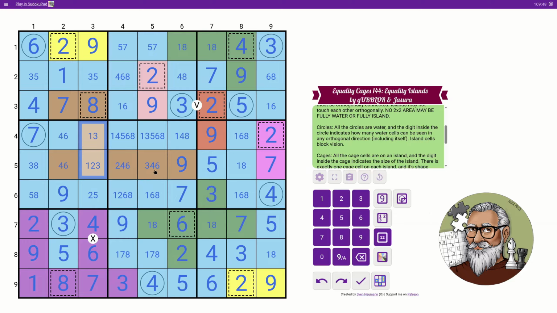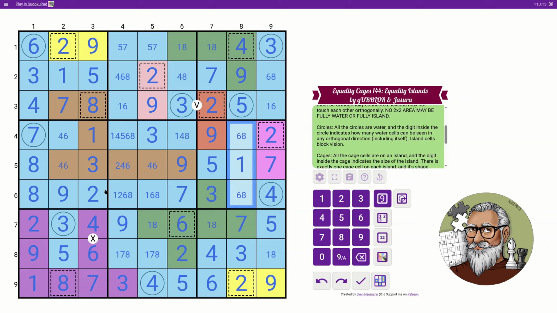One of these is 3. That's what I'm missing. One of these is 3, so this one can't be 3. Why did I put 2 8s here?